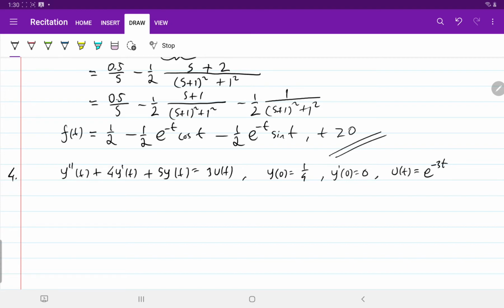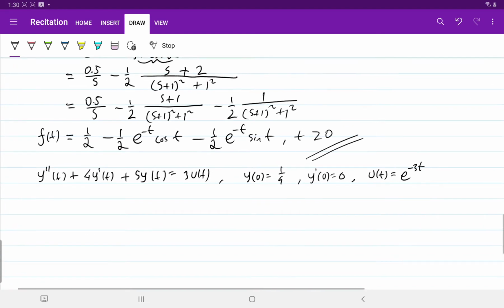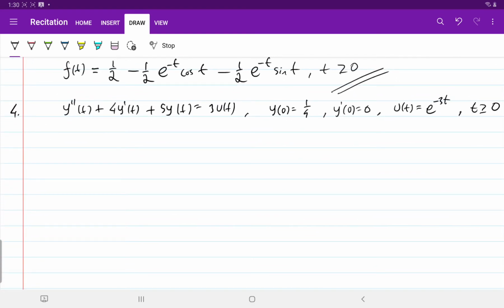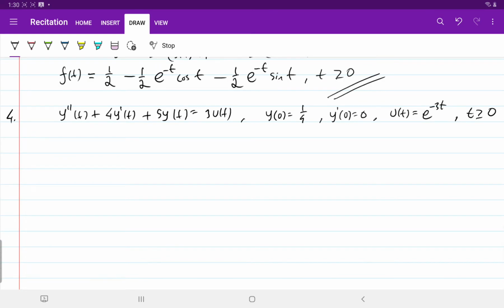Okay, so in order for you to use Laplace transform, you have to specify that t is greater than or equal to 0. Okay, so let's solve this. So you can apply Laplace transform to this differential equation.